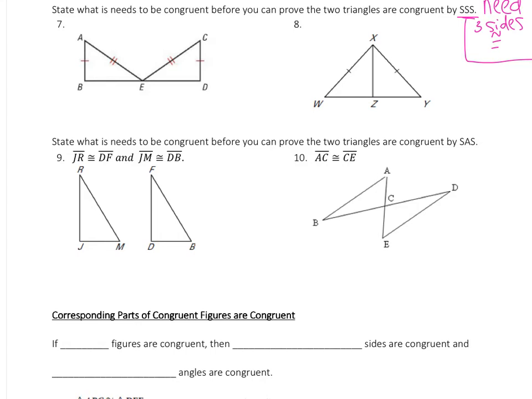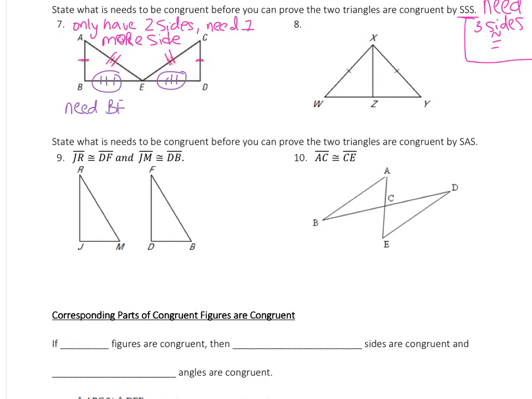And if you see, we have a side that's congruent, we have another side that's congruent, so we're missing a 3rd side. The side that we would be missing then would be this 3rd side right here. So we need to say that we need BE, so segment BE, to be congruent to segment ED, and there's our answer for that one.